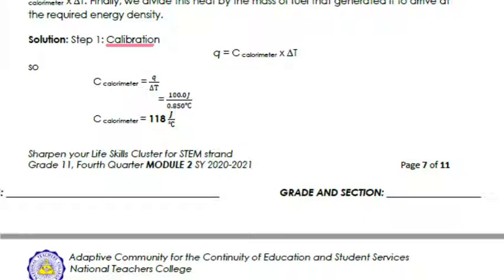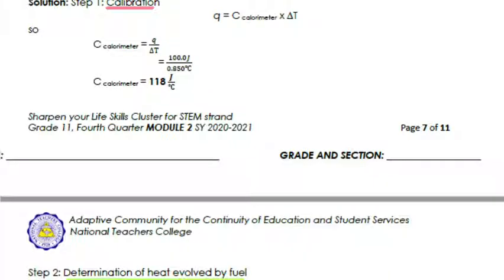So you have now a value of the heat of the calorimeter. Since your fuel is your system and the calorimeter is your surroundings, the value of your calorimeter will be a negative value for the heat of the fuel.